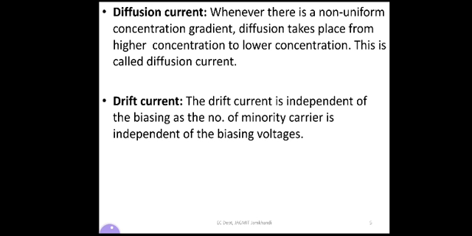So the total current crossing the junction, the junction being in between the P and N, is composed of the sum of the diffusion and drift components.